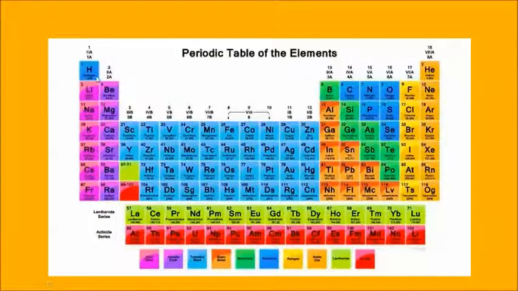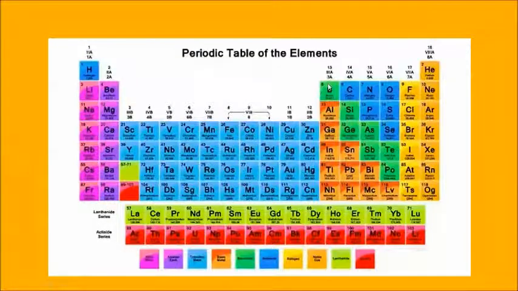You can see here hydrogen is separated from the first group. It's kept a little bit above the first group so that it doesn't match the same property, because hydrogen never resembles the alkali metals. Then you can see groups 1 and 2 with the same color, which means they have almost the same properties.